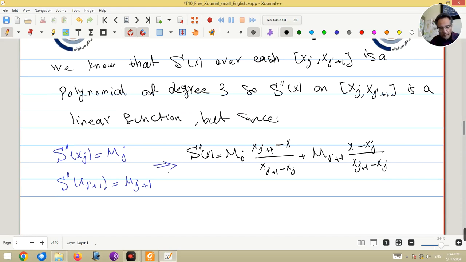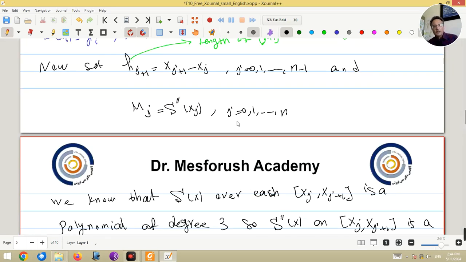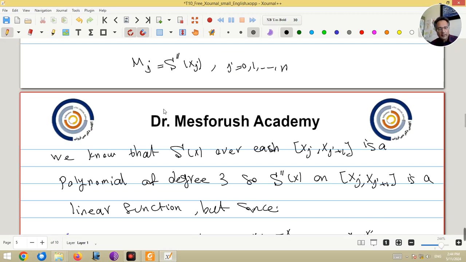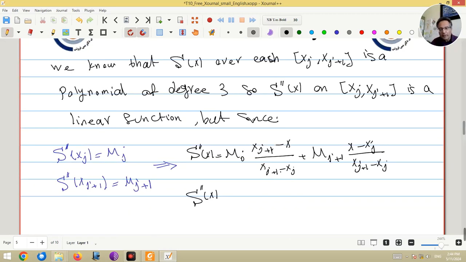And also we can write s double prime of x using the notation hj plus 1 for xj plus 1 minus xj: mj over hj plus 1 times (xj plus 1 minus x) plus mj plus 1 over hj plus 1 times (x minus xj).